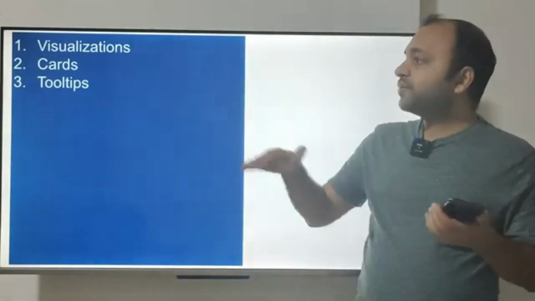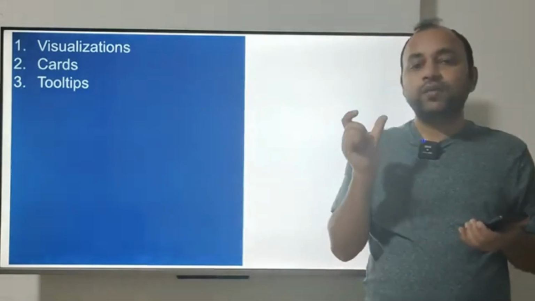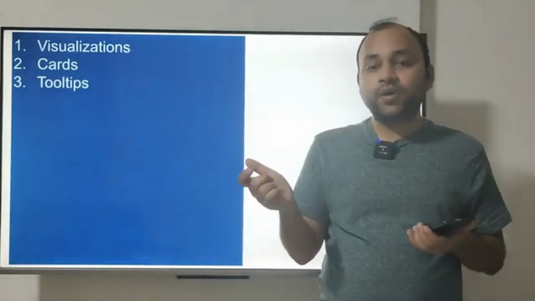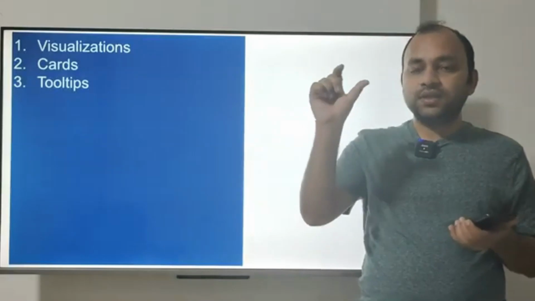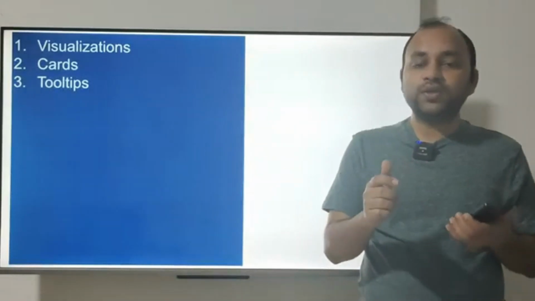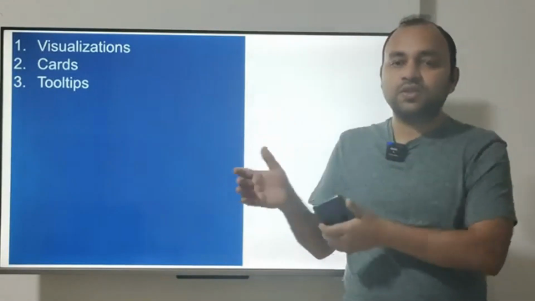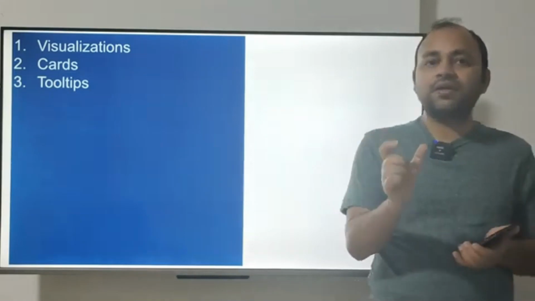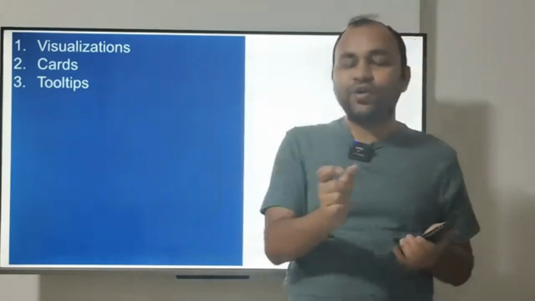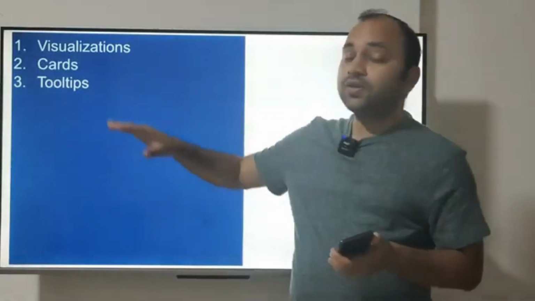For example, let's say we show product sales by product. What it shows is basically your sales in the tooltip. But you need to define it in such a way that it reads as a sentence, like this product has this much sale, not just the number along with the name of the category. That's something you need to experiment with in tooltips.